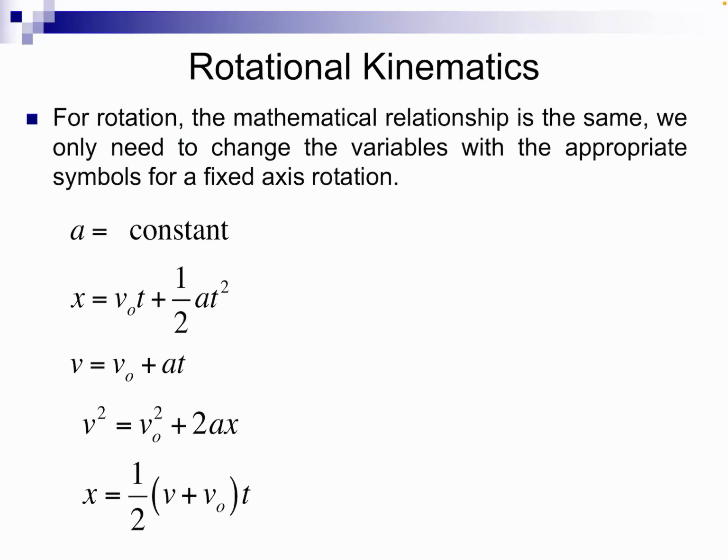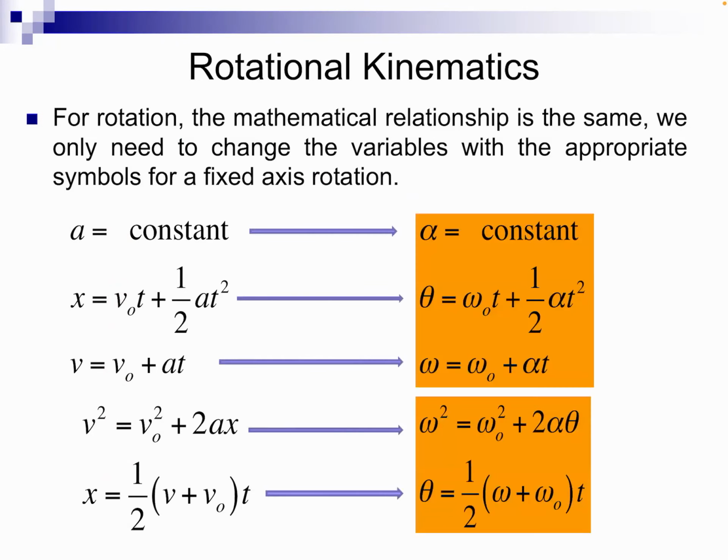So what are the equivalent rotational kinematics equations? On this side we have the translational or linear kinematic equations, and the acceleration becomes angular acceleration. As usual, these equations hold if the angular acceleration is constant, but in this course we'll only consider constant angular acceleration anyway.